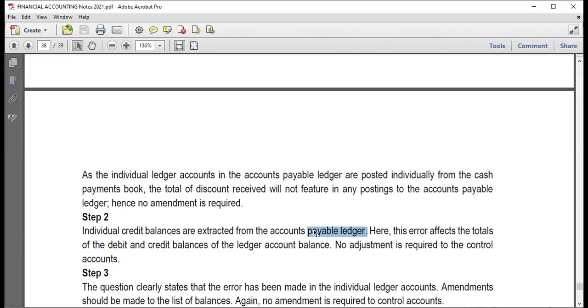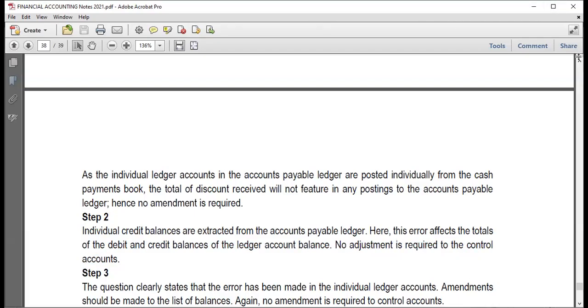Like we said, the control account is basically a summary account. So this does not affect our control account. Of course, just for you to know, this affects the normal ledger account, but it doesn't affect our control account. So that is why we shall not affect it within our control account.